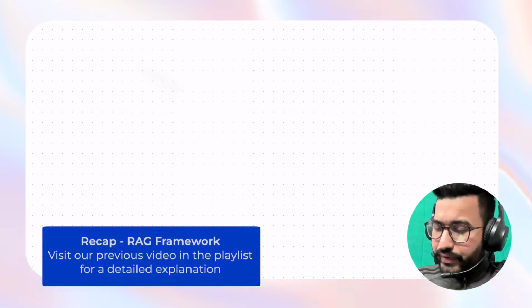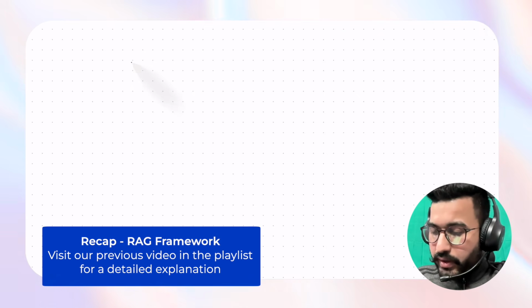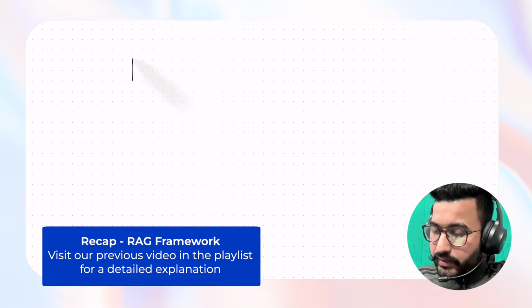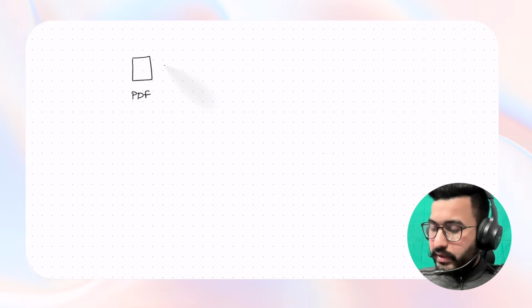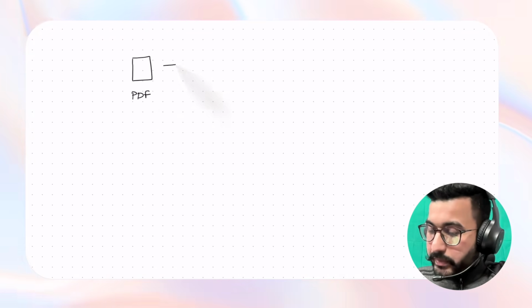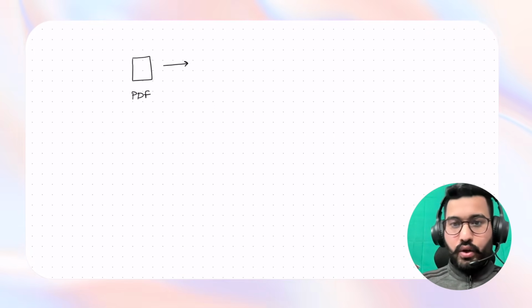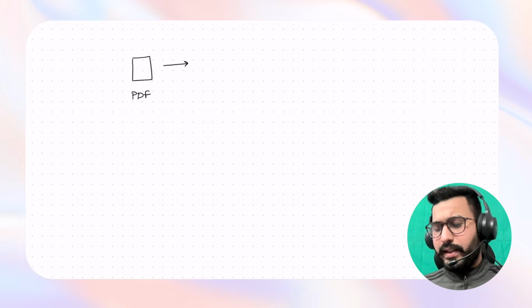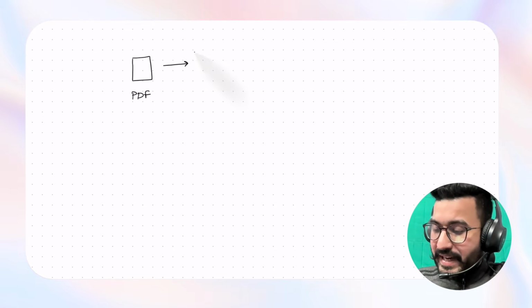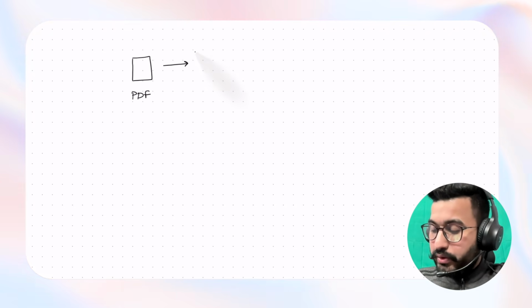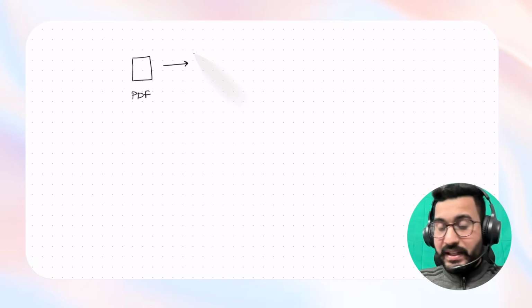So let's get started. We have already talked about the entire RAG framework. I'll just quickly draw it. Let's say this is my PDF file. What we need is some kind of system which can fetch this PDF file from my local drive, or from anywhere in my system, to my application, to my Python code, to my entire system or application.